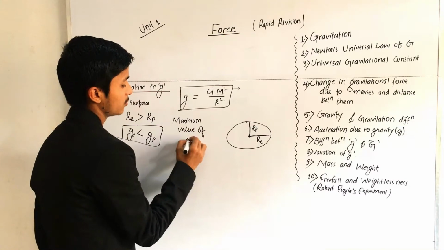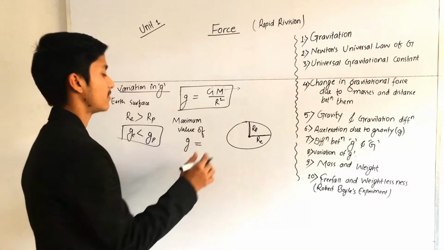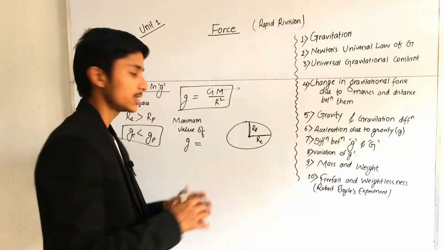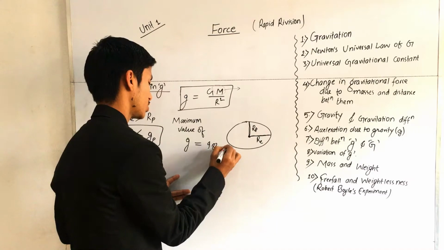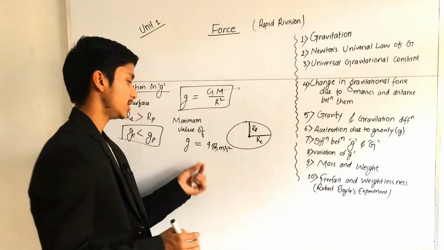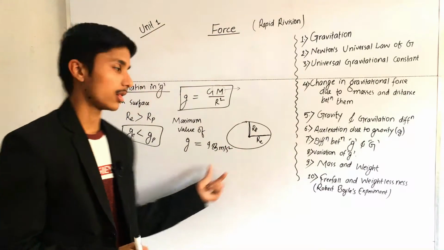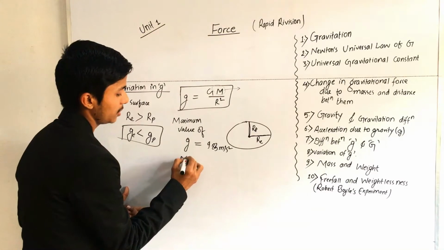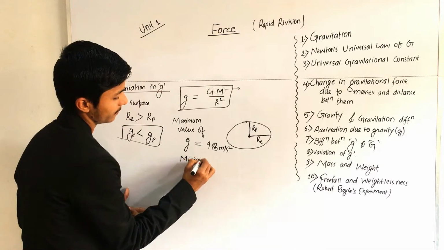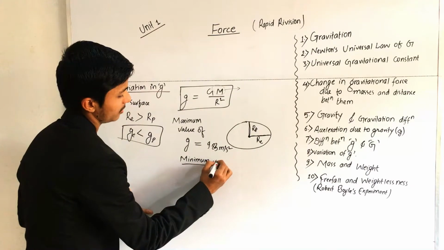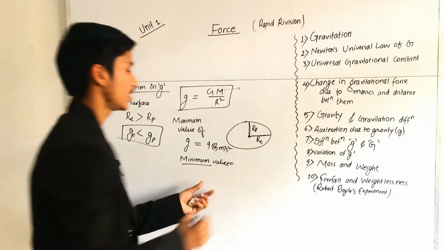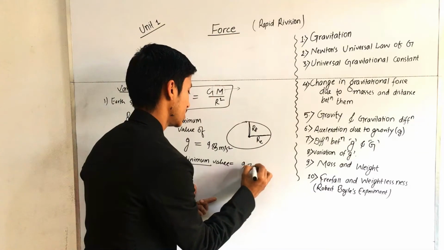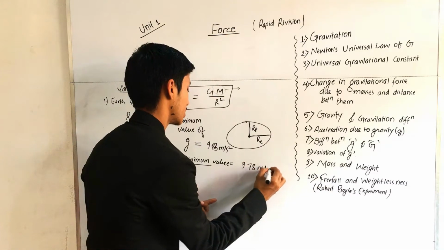The maximum value of small g, that is acceleration due to gravity of the earth, is 9.83 meter per second square, and this is at the pole. Here the minimum value is 9.78 meter per second square.